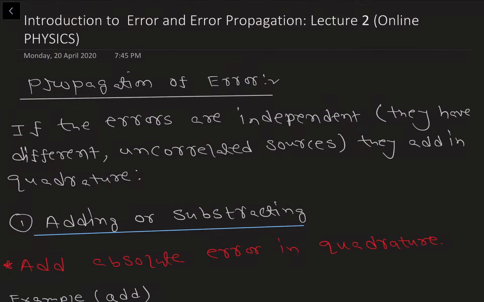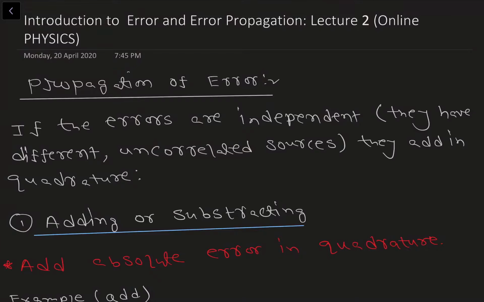So in this video we assume that you have a measurement and you know what the error is. Now from those measurements you want to calculate some other quantities. Say you have measured the distance of a particle which is moving with a certain velocity. You also measure the time the particle takes to travel that distance.